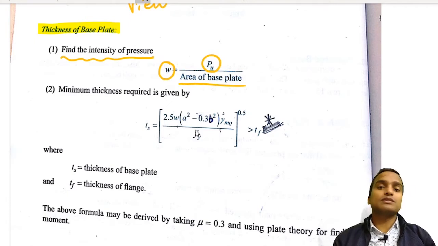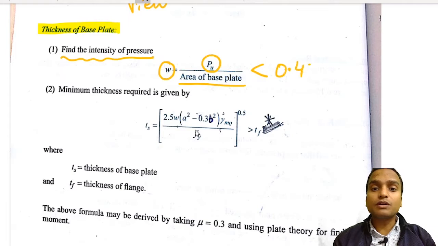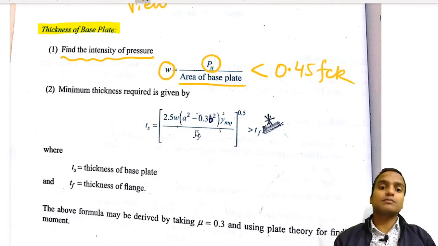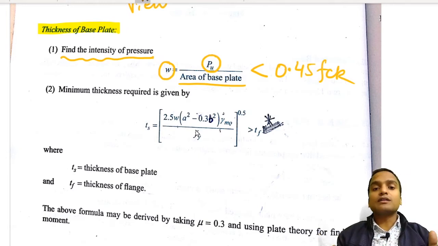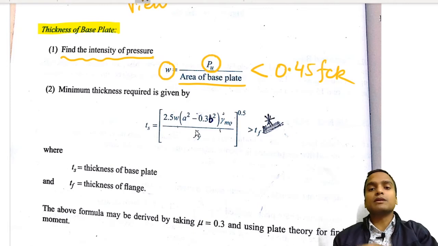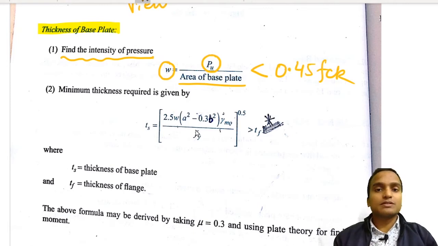Okay, PU is the factored load, and w will surely be less than the bearing capacity, which is equal to 0.45 fck, because we have chosen a little larger area of base plate, so that the w value will be less than the bearing capacity of concrete.